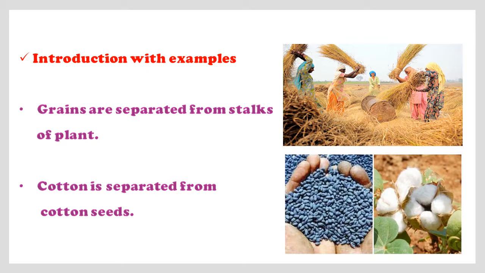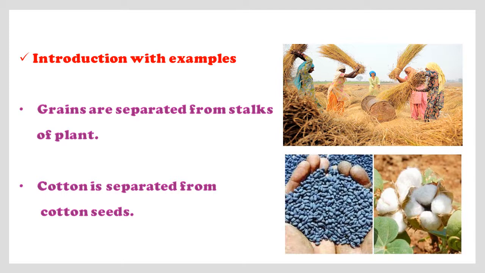Children, observe the first image. Grains are separated from a stalk of plant because we eat these grains. Understood? So observe the second image. This example you have studied in the chapter Fiber to Fabric. I hope you remember it, right?